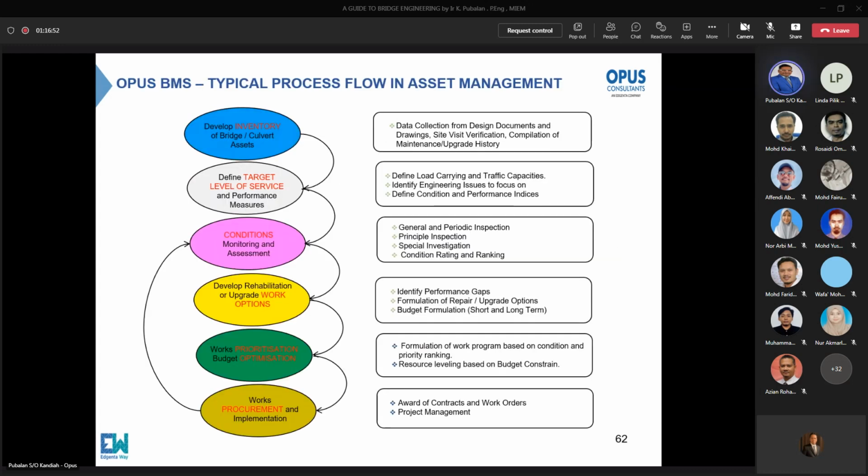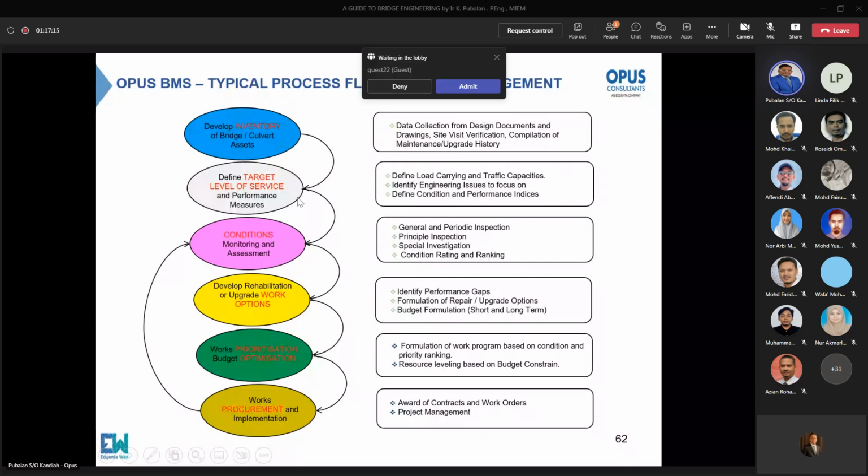Now this is for BMS. Generally for BMS, you need to develop the inventory, you have a data collection drawing, and you need to set your target. That means I want my bridge to be in good condition in this way. I do not want a defect rating of more than 3 and so on.